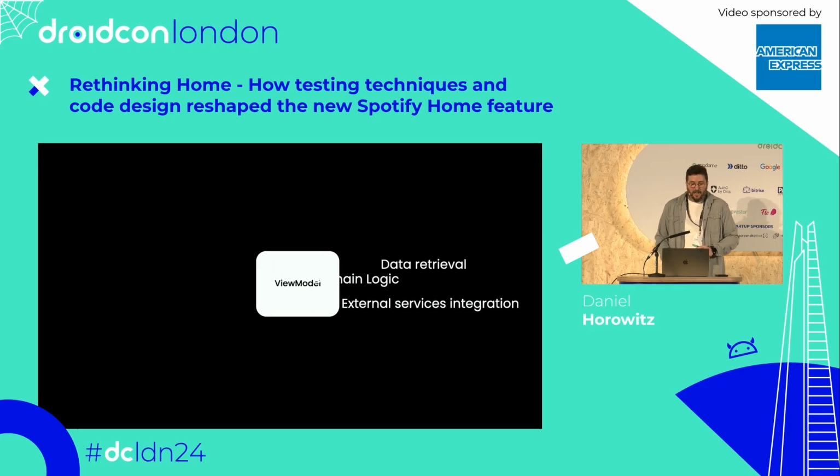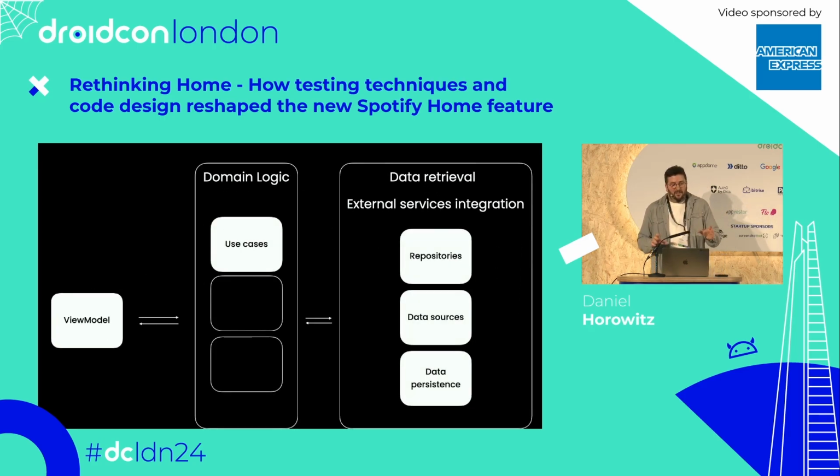Hypothetically, we could change this view model and extract from it a domain logic layer where we could have some use cases, and these use cases would then invoke some data retrieval classes. We could also build a data persistence layer where we could call these data sources, and then remove all the coupling that it had before with the view model.